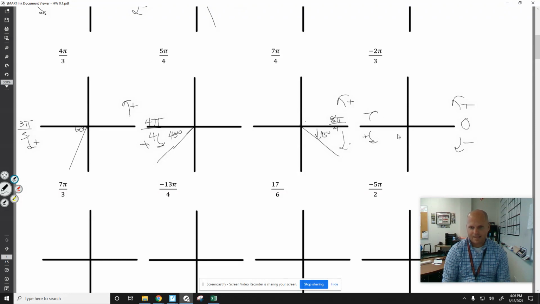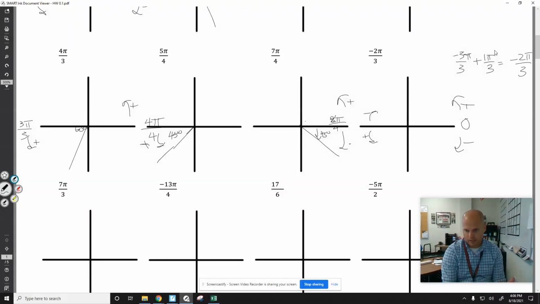If I'm at negative pi, that's like negative 3 over 3. Do I add or subtract a pi over 3 to get to negative 2 pi over 3? I add a pi over 3, right?